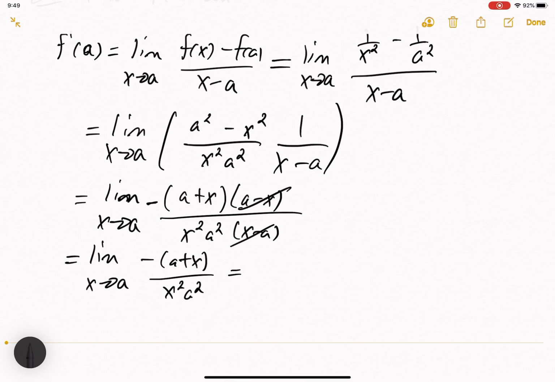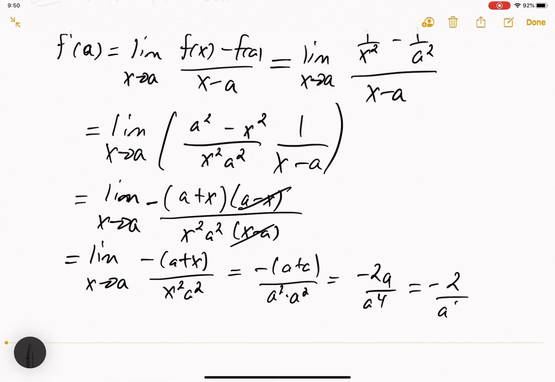It's a rational function, so it's continuous, which means we can just plug in a. We get negative a plus a divided by a squared times a squared, which is equal to negative 2a divided by a to the fourth. So we just get negative 2 divided by a cubed.